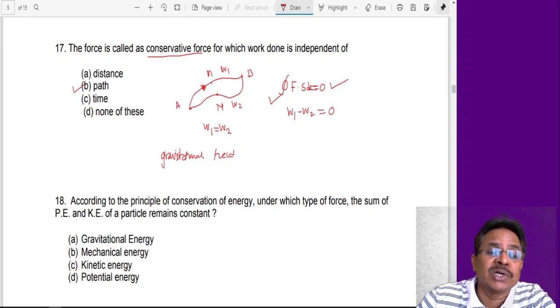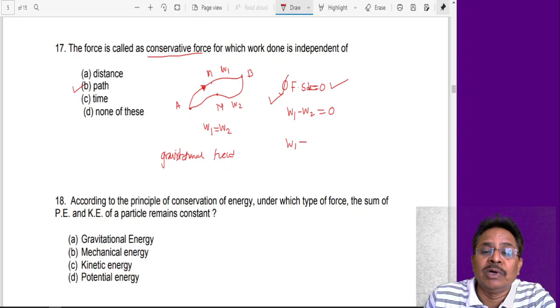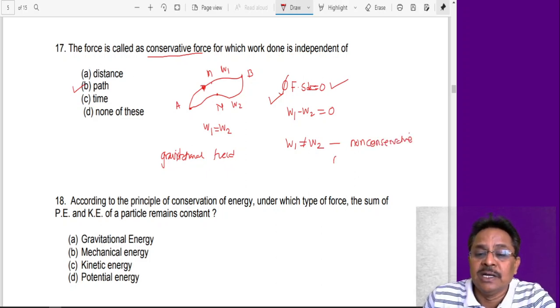So in a non-conservative force field, work done over path 1 and work done over path 2 are different. So W1 is never equal to W2. So such fields are called non-conservative. There are several examples of non-conservative force fields too. As I said, friction force.